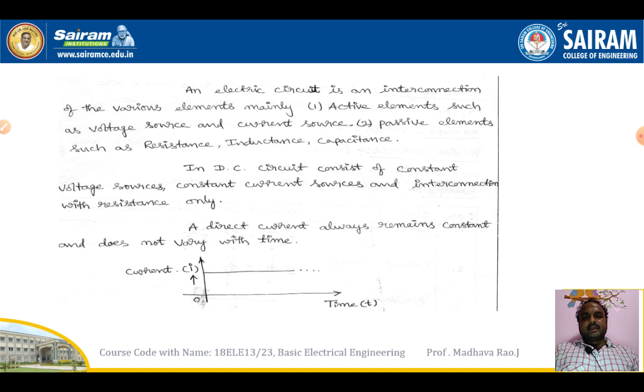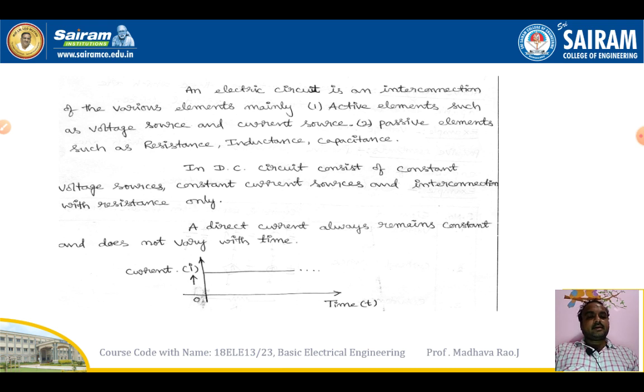Coming to the electric circuit, why is it called a circuit, and why is it an electric circuit? It is the interconnection of various elements like active elements such as voltage source and current source, and passive elements such as resistor, inductance, capacitance.